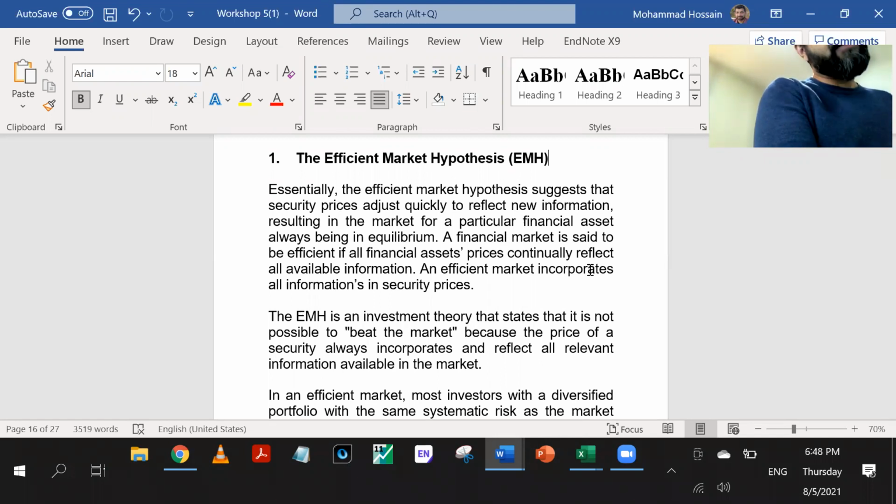Look, in shares, what happens is this, very interesting. Let's say one share in the market is being sold at $10, for example.